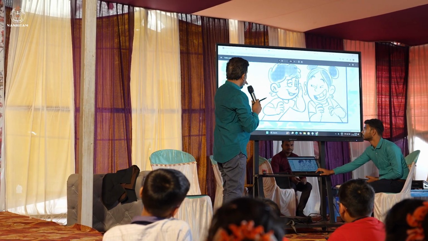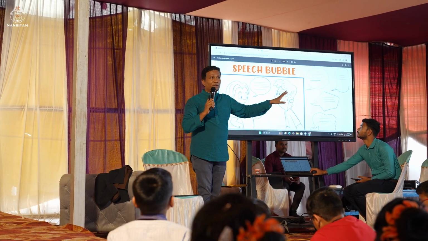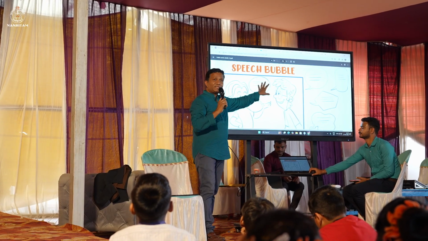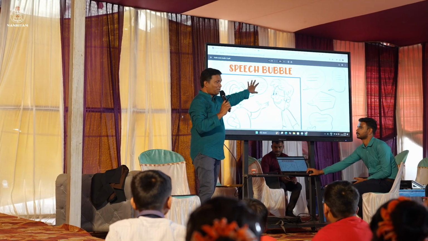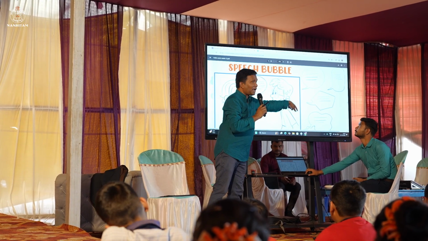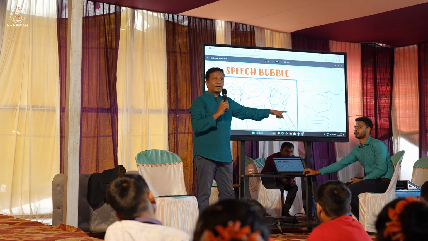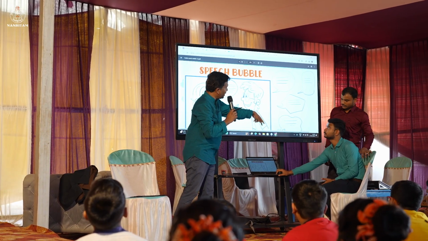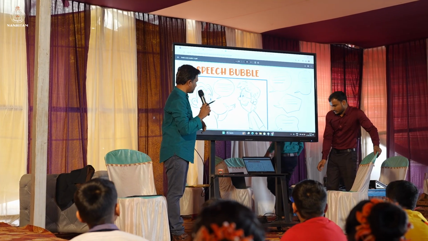This is called a speech bubble. A speech bubble is basically when the character is speaking, and what he or she is speaking is written in this speech bubble. There are different types of speech bubbles. Some are ovals, some are squares, some are rectangles. It can be of any shape. When you draw your story, you can use any of these shapes. Okay? Next page.